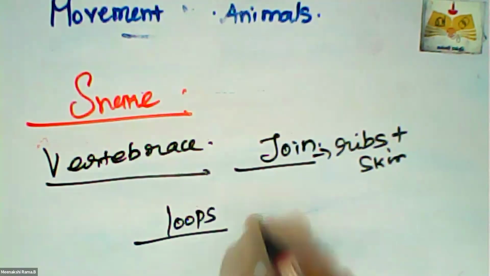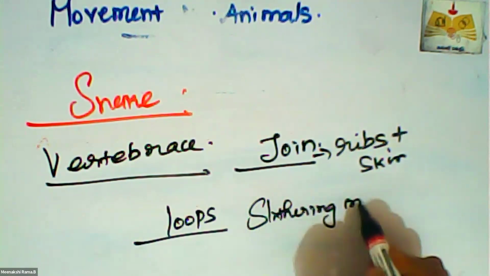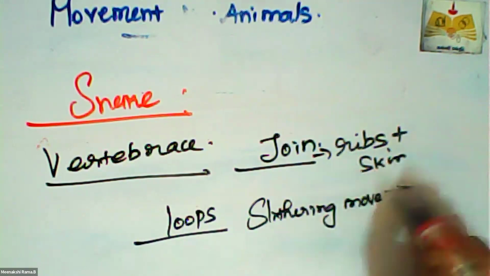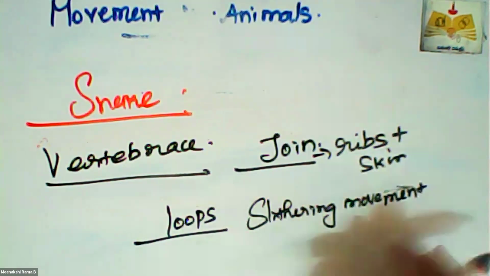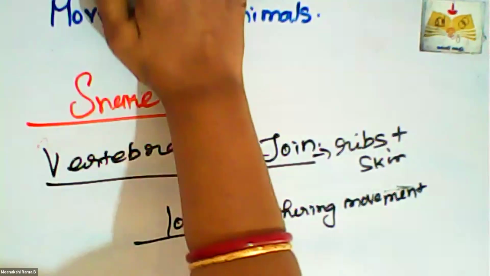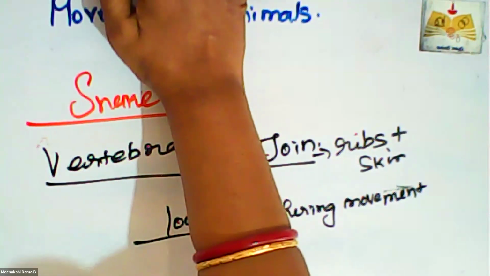Slithering. The special term for snake movement is slithering movement. How do snakes move? Have you seen that?